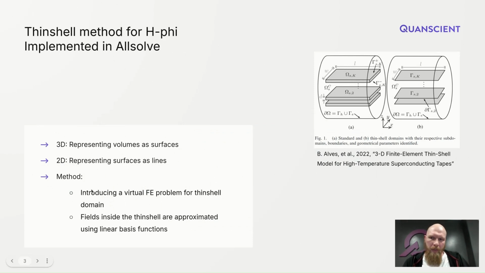And the method behind it is to introduce a virtual finite element problem for the Thinshell domain only. The fields inside the Thinshell are approximated using linear basis functions. So on top of the H-phi formulation, we can introduce a new Thinshell formulation for the thin surfaces.